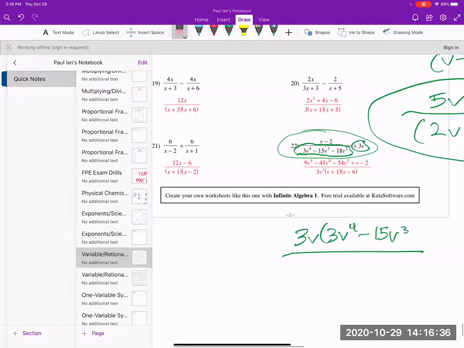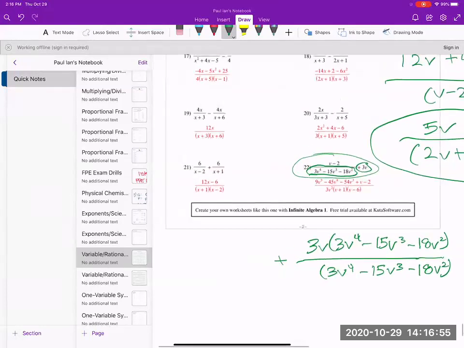And then minus, every time you have a whole number, just do the same thing as what we've always done. Just multiply what's not on that whole number. So like 3v to the fourth minus 15v cubed minus 18v squared. Then, when you do that one, rewrite the other guy just for clarity.